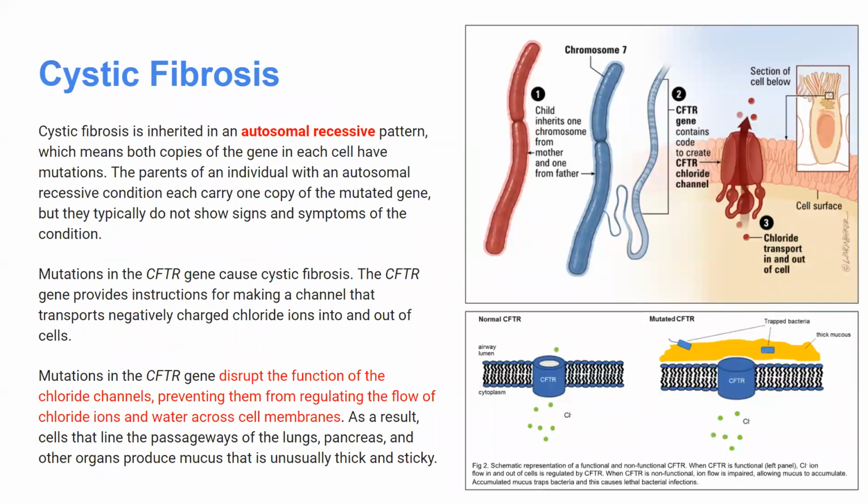Cystic fibrosis is autosomal recessive. So in the first box, you can just put recessive. Is it sex-linked? No, because it's autosomal. The parents of an individual with an autosomal recessive condition, who each carry one copy, typically do not show signs, like we were talking about before.